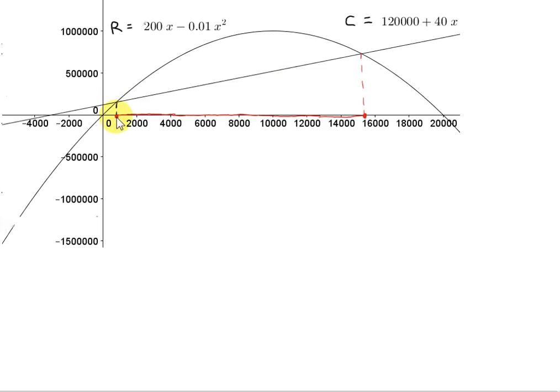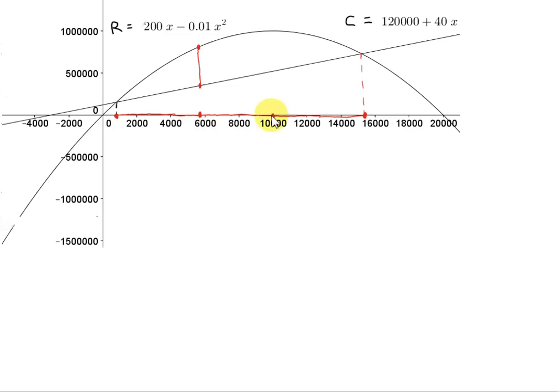So for values of x between this value and this value here, we can see that the revenue will be greater than the costs. So for example, for this value here, whatever it is, it's a little bit under 6,000, the revenue will be greater than the costs. So the revenue minus the costs will give you the profit. So the profit will be this distance here, corresponding to this value here.